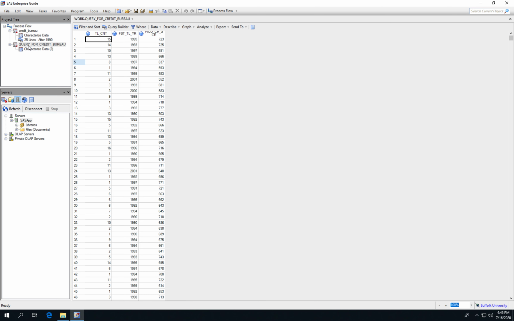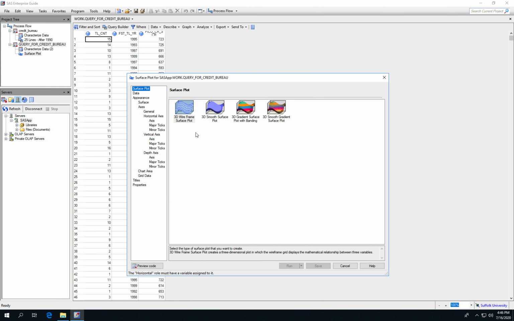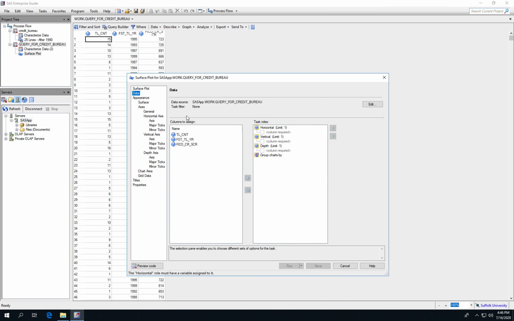In order to run these graphs, we come here to graphs, or you can go to tasks, graphs, but it's easier when you're in the data set itself. Click on graph, then click on surface plot, since that's the first thing we can see. I want to select this 3D gradient surface plot with banding so that I can understand the different kind of depths to it. Then we click on data, so we have the three variables that will go over here.